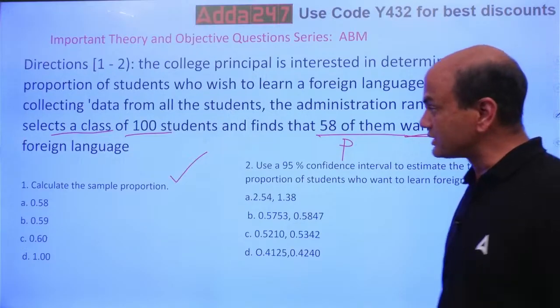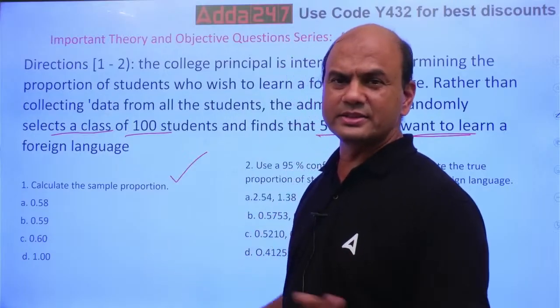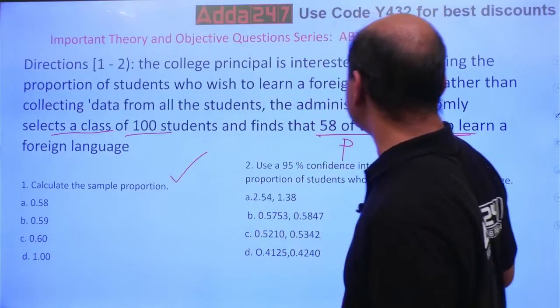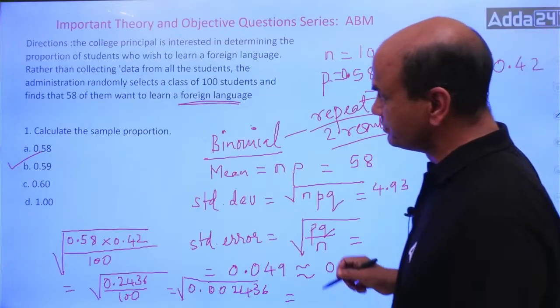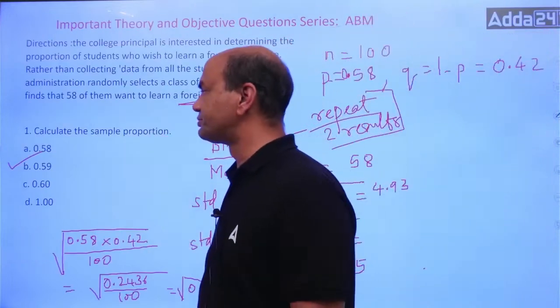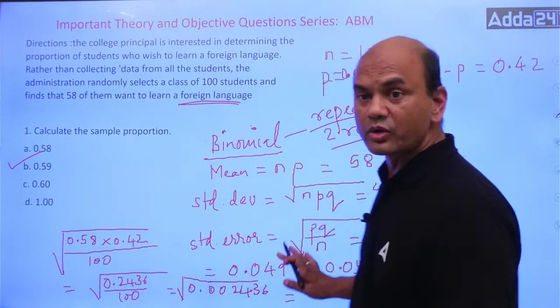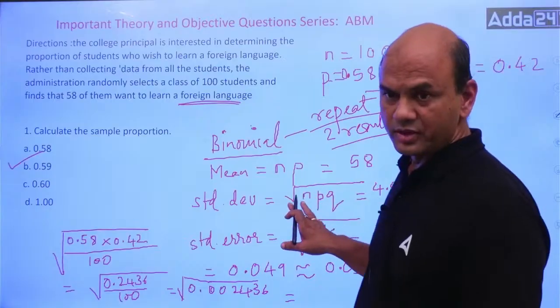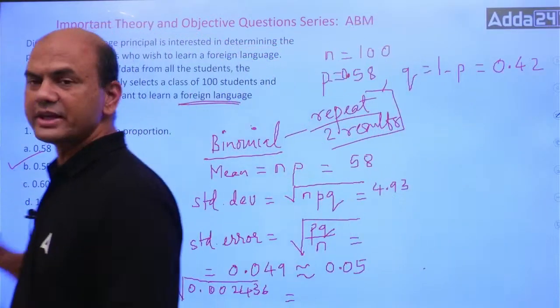Okay, so now let's look at this first problem. Calculate the sample proportion. Easiest one, very easy. Sample proportion means simply, see this sample proportion. All these calculations, I have given it extra. Don't look at it right now. Sample proportion is very simple.